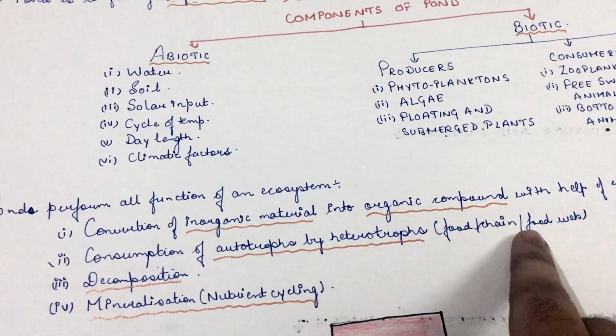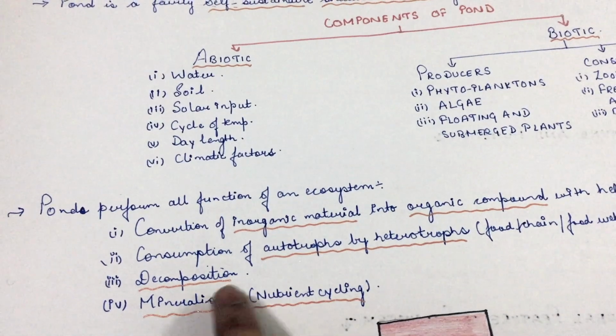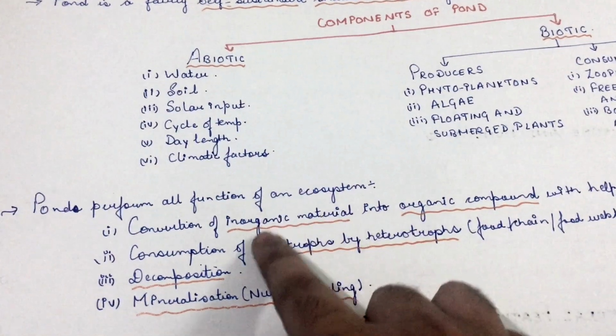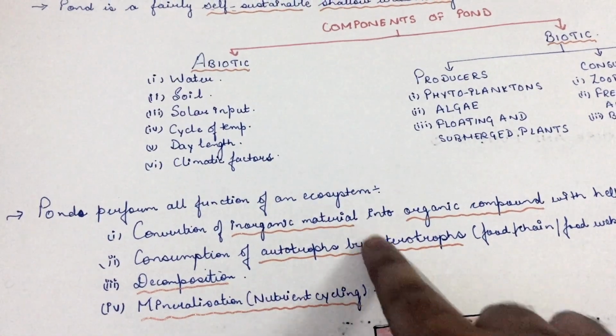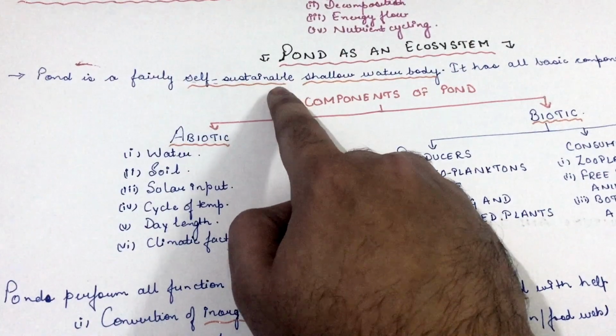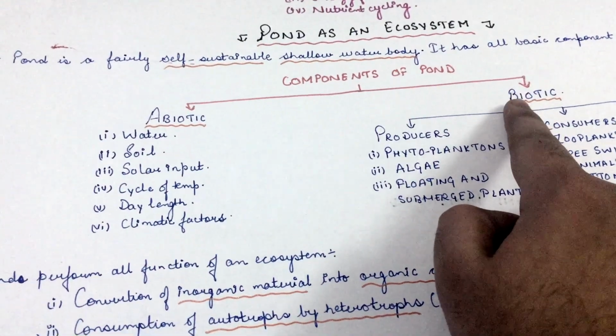This we will discuss later in the chapter. Third is decomposition, and fourth is nutrient cycling. These are the four functions which the pond performs as an ecosystem, and it is considered an ecosystem because it is a self-sustainable unit and it has all abiotic and biotic components.